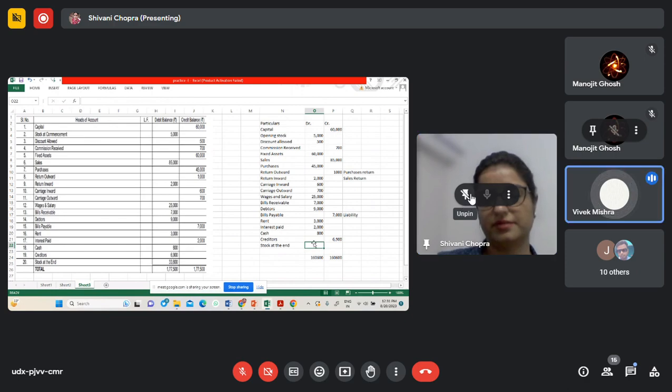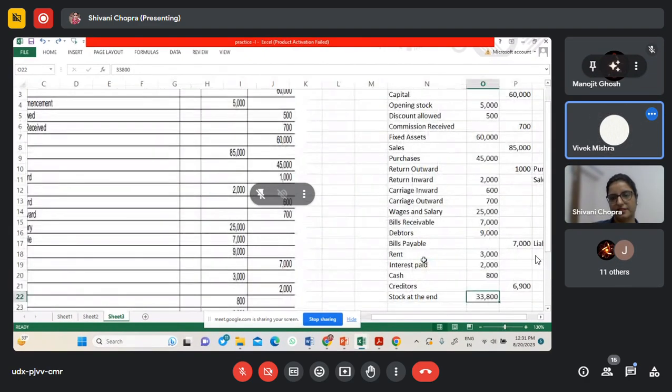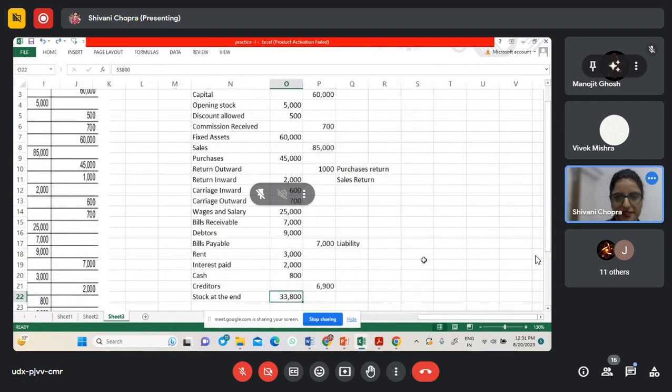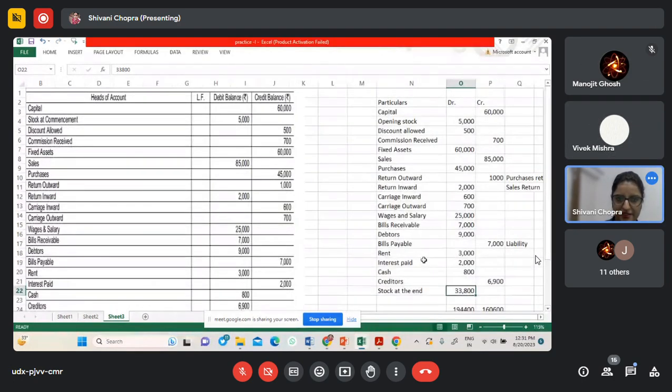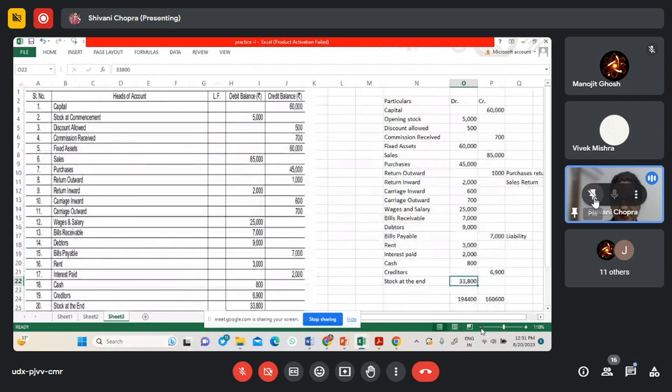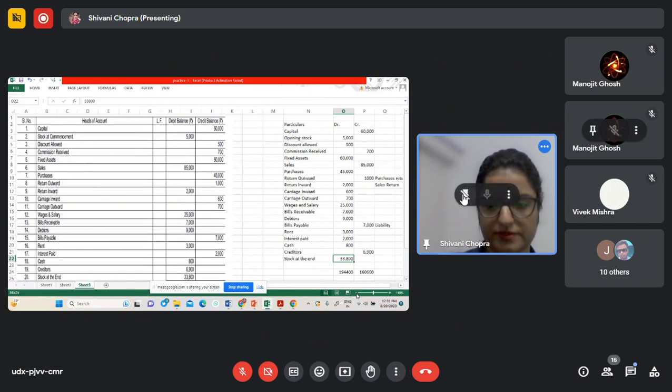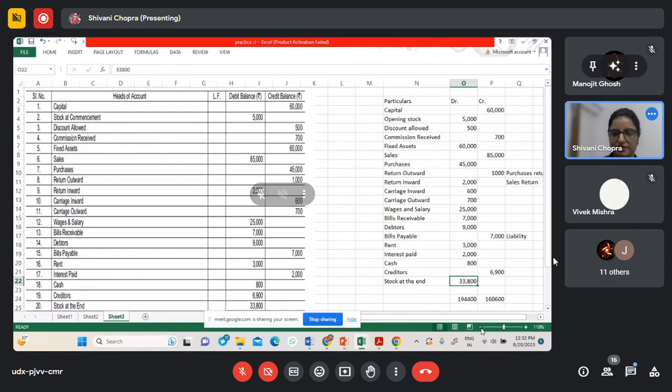That there is an increase in stocks at the end of the year. Sorry? There is an increase in the stocks. Yes, very right. There is an increase in the stock. You're right when you say there is an increase in the stock.